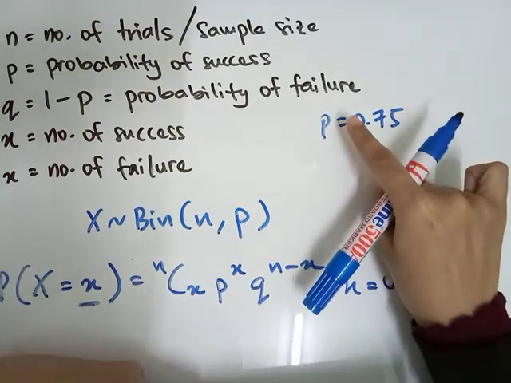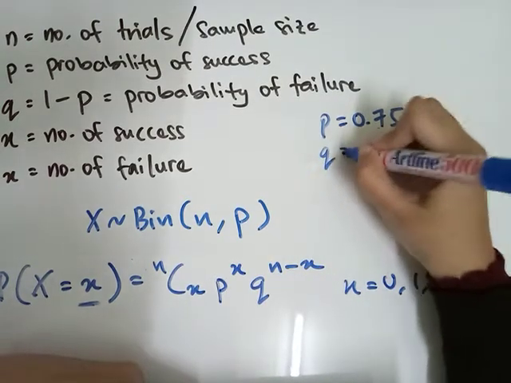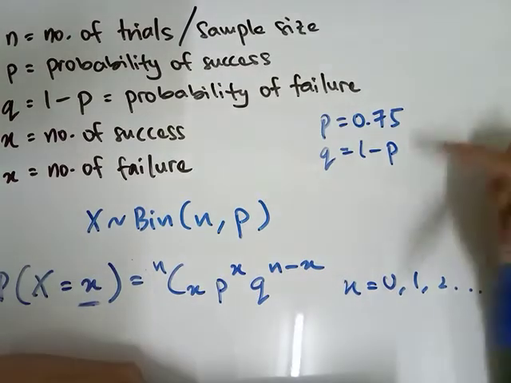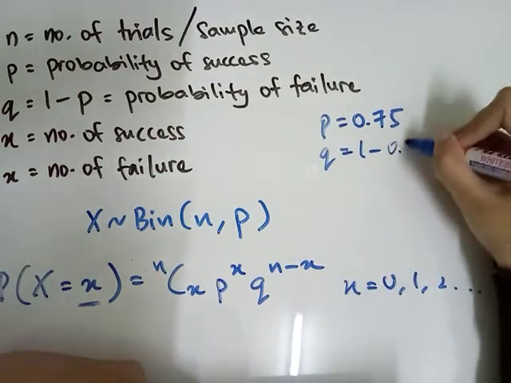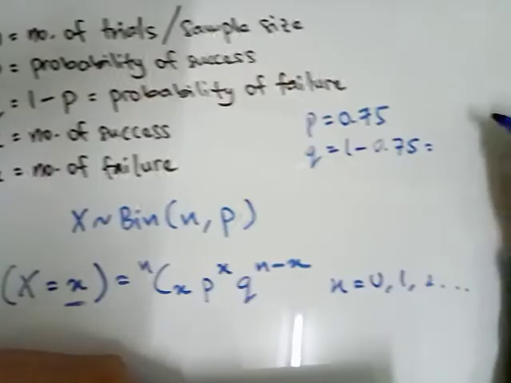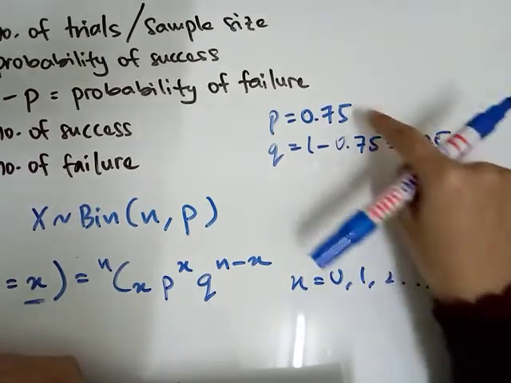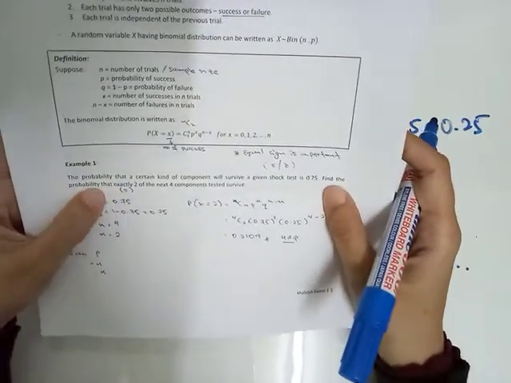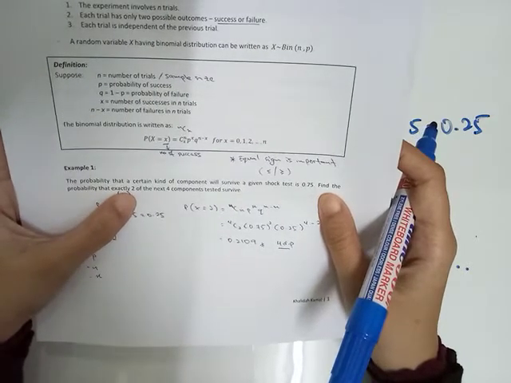So you need to find the probability of failure also. So it is 1 minus P. We know that P is 0.75. So 1 minus 0.75, you will get 0.25. So awak dah dapat dah probability of success and failure. And then dia minta find the probability that exactly 2 of the next 4 components survive.